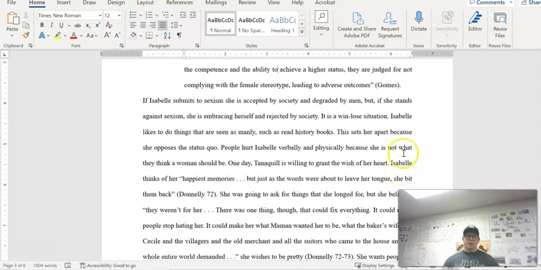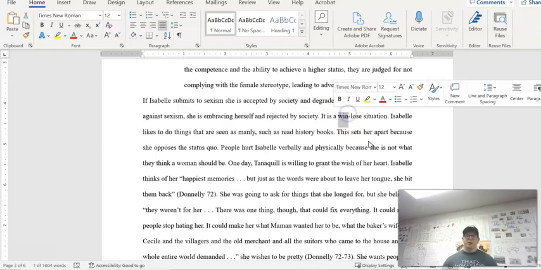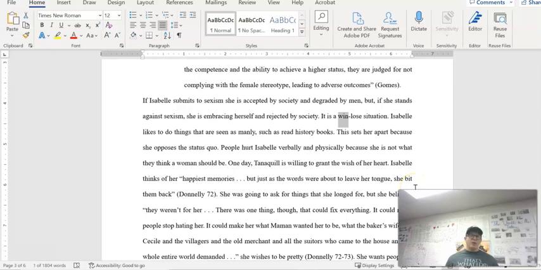Okay, this is what we would call a lose-lose situation, really, not a win-lose. Because she's not really winning. If she chooses to stand up for herself, she loses. If she chooses not to stand up for herself, she still loses because she's losing something in both situations. If she stands up for herself, then she's rejected from society.